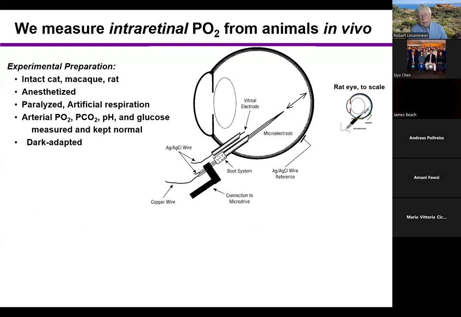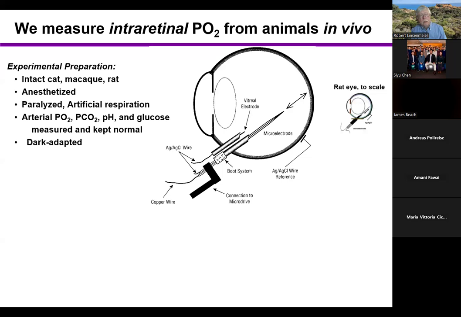My lab, and only one or two other labs in the world, have measured intraretinal PO2 from animals in vivo. We've done this in cats, macaques, and in rats. These are anesthetized animals that are sacrificed at the end of the experiment.